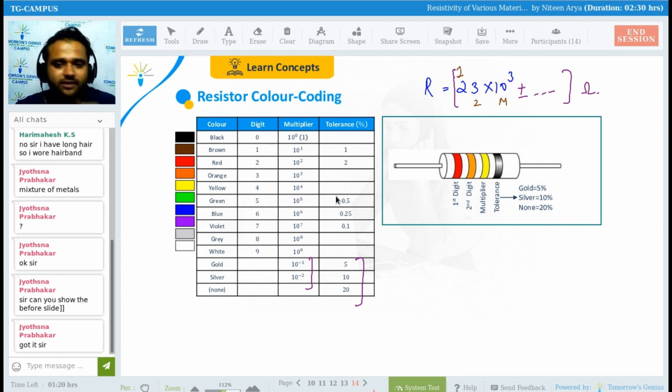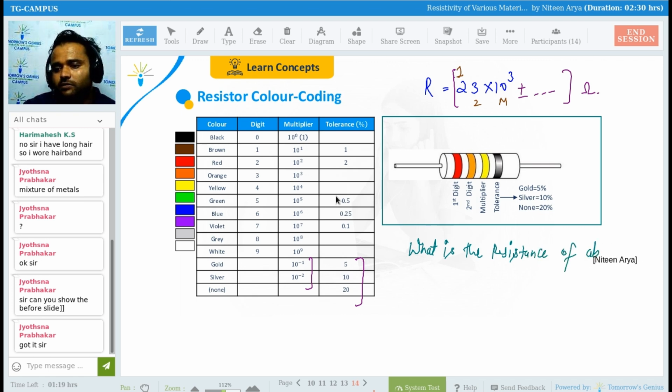From the left hand table and the right hand color code, tell me the resistance of the above resistor.